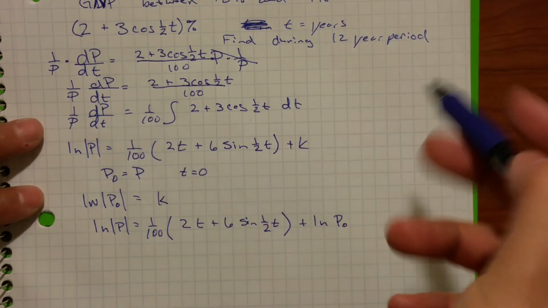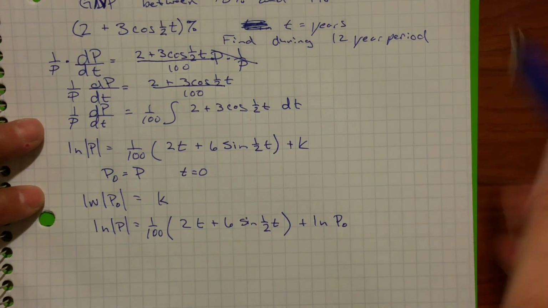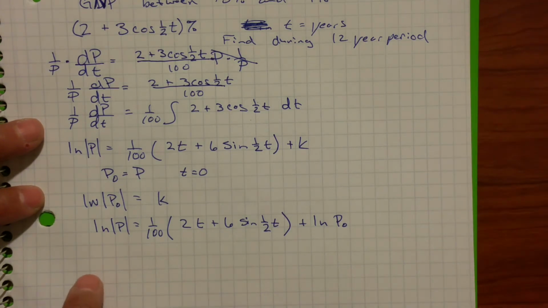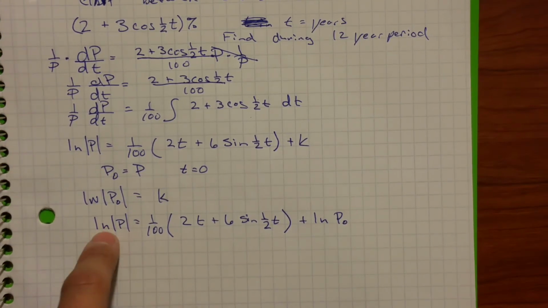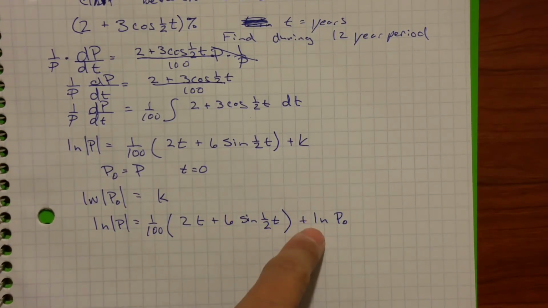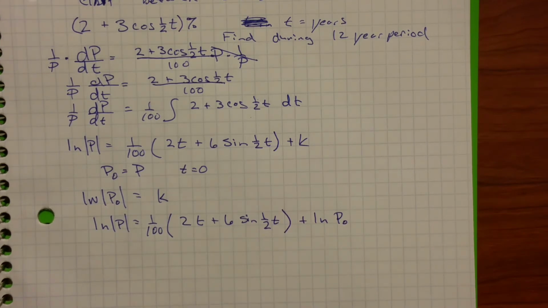So let's take a look right here. The question says find during a 12-year period. So let's go ahead and take a look at what we have. Let's keep going with this. If I have this in this form right here, what can I do with this? Let's go ahead and do some combining for this.